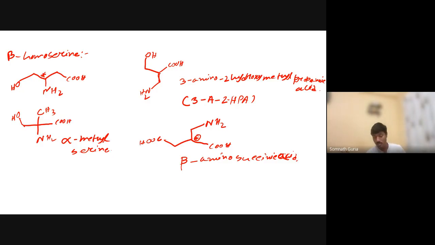Now we are discussing optical activity and CD spectroscopy. How is optical activity related to this chirality and to the chiral molecule? As we know, to detect a chiral molecule we need a chiral environment.